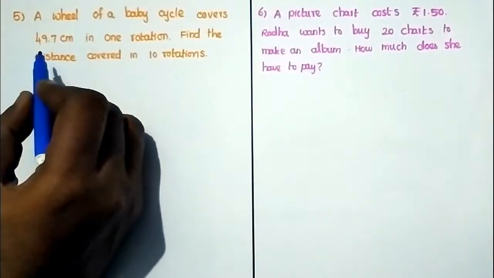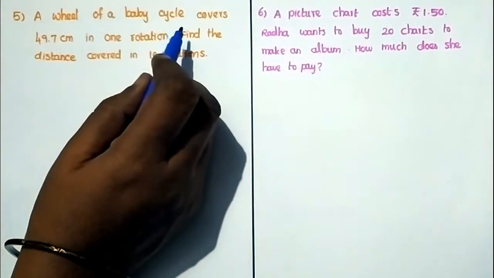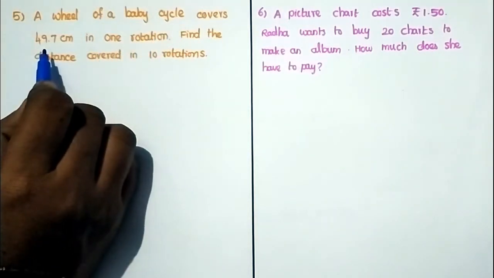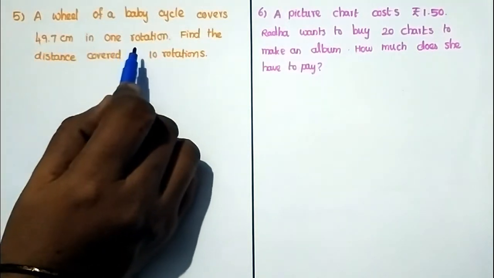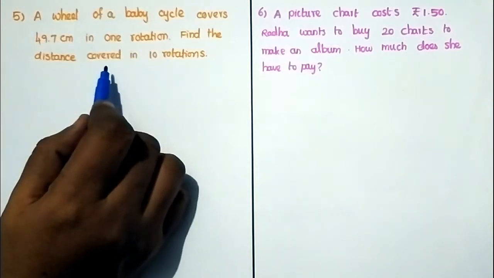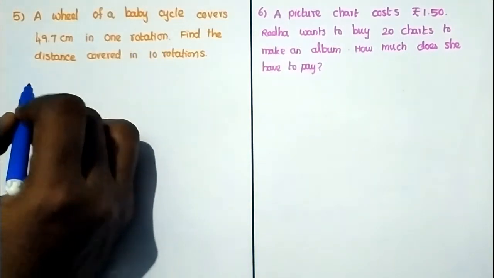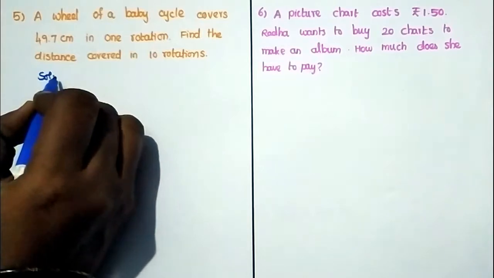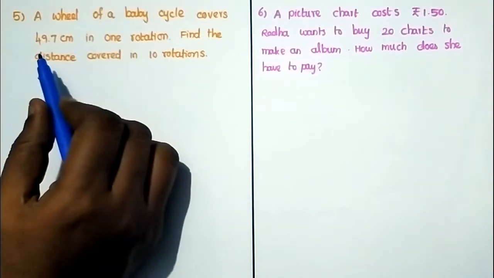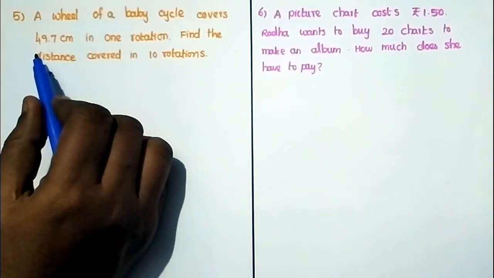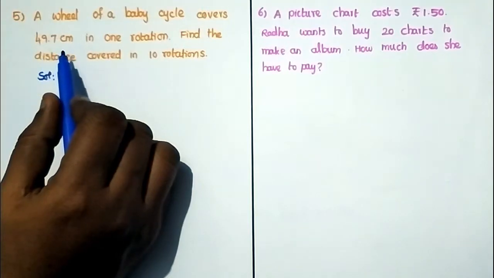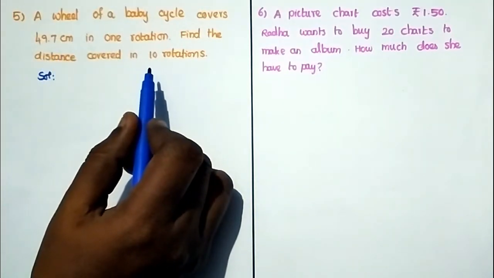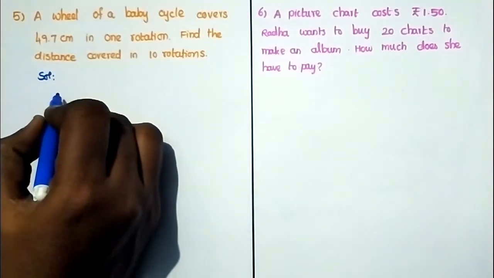Fifth sum. A wheel of a baby cycle covers 49.7 centimeter in one rotation. Find the distance covered in 10 rotations. Listen. In 1 rotation, distance covered is 49.7 centimeter. So in 10 rotations, how much?